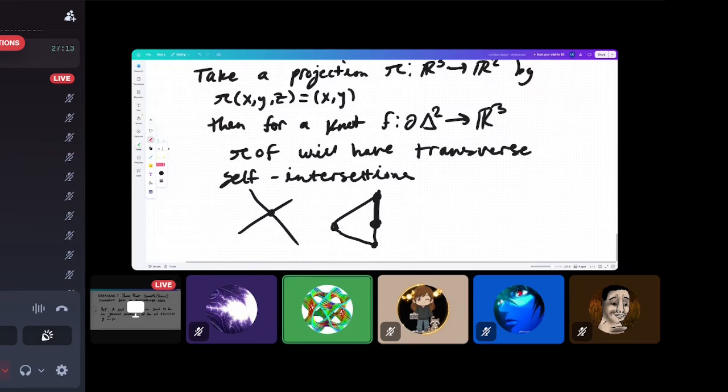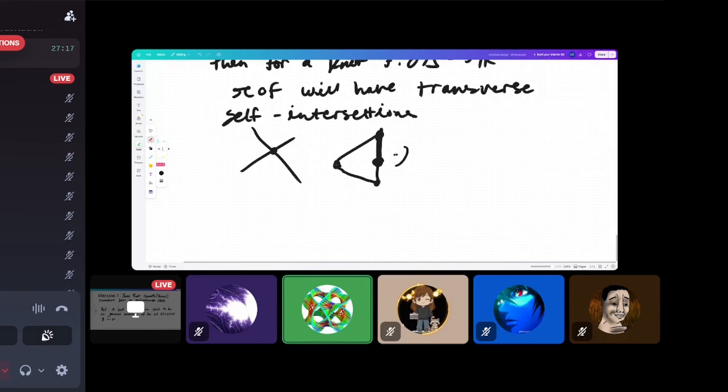So this is bad. I should draw this a little better so that people can get a better understanding. This is straight down if we have our axes like this.